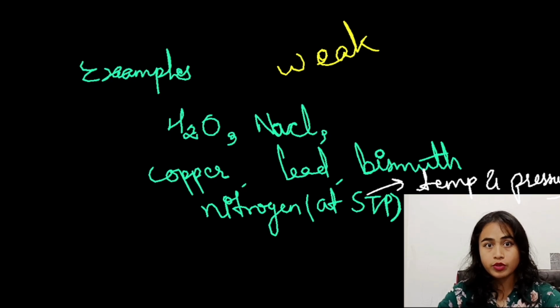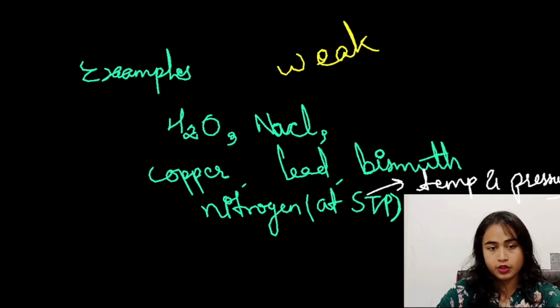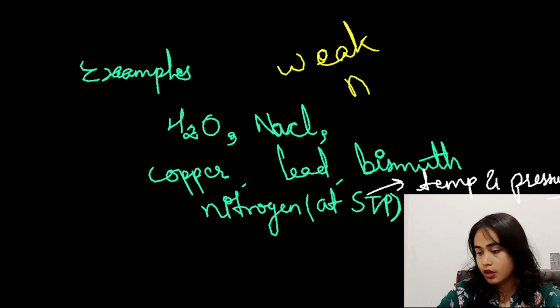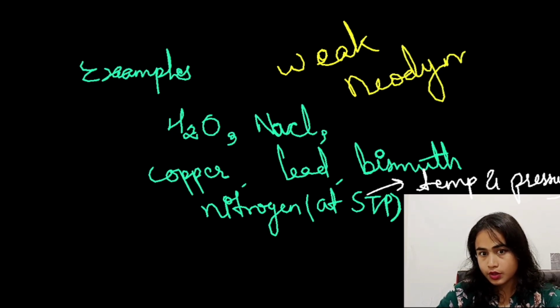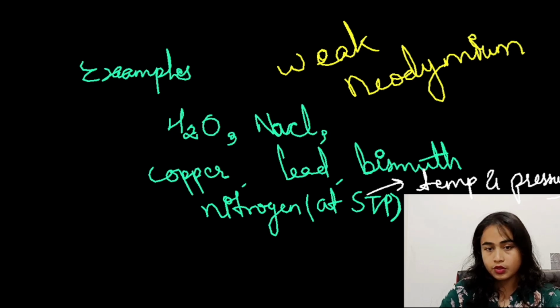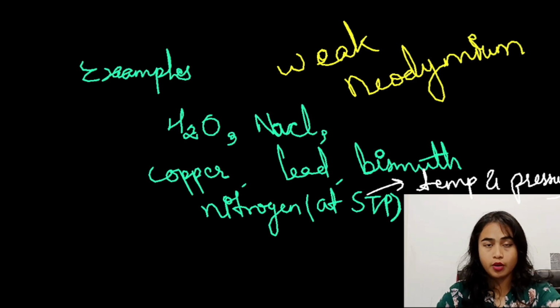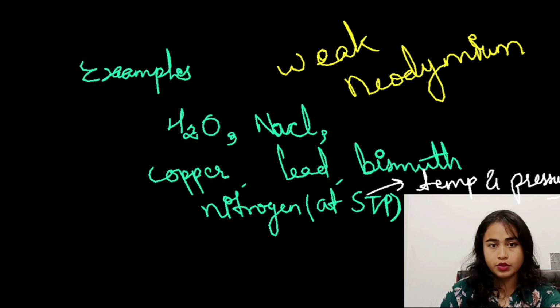For this to be visualized, you need a very strong magnet, for example, neodymium. Neodymium magnets are very strong magnets which will help us see this diamagnetic effect in reality.